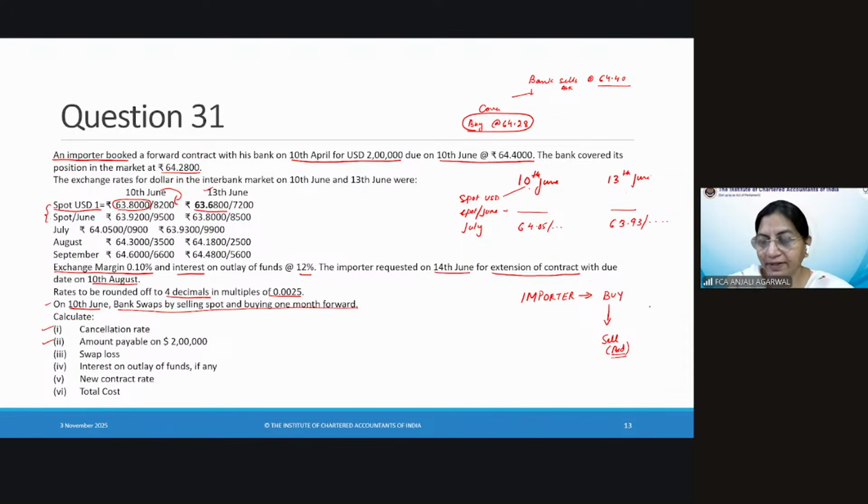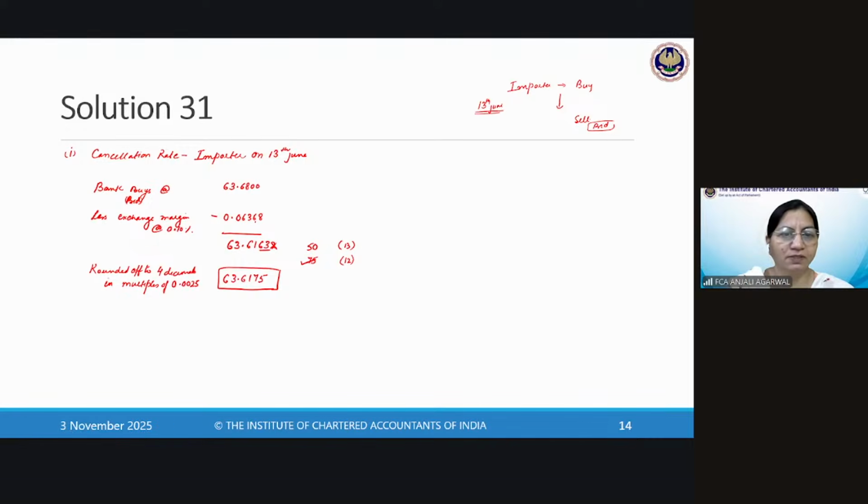And on what date? Because he's coming on 14th, the cancellation will happen at 13th June's rate. So let's look at what is the bid rate on 13th June, 63.6800, and deduct from this the margin of 0.10%, 63.61632, rounded off to 63.6175. Done? First part done?